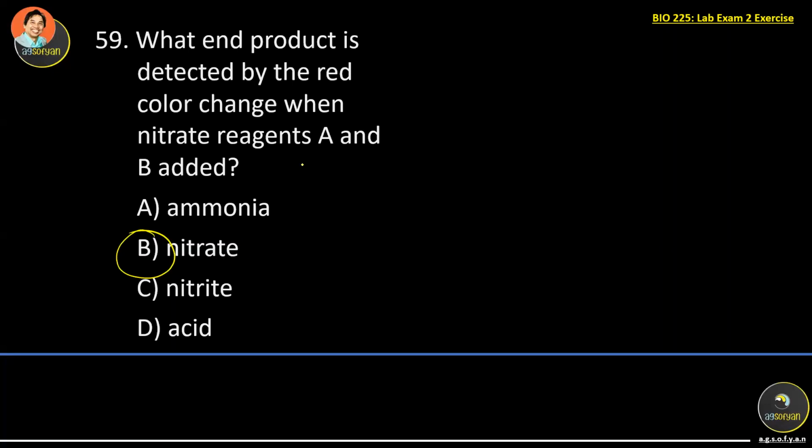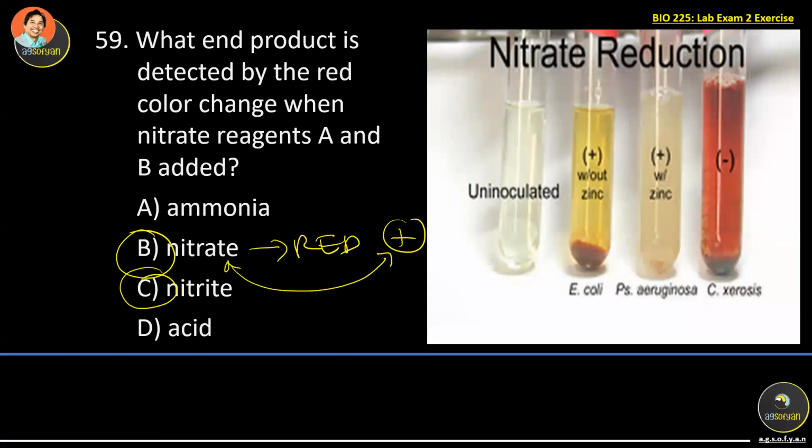If the color changes, red is positive for the nitrite. Nitrite is detected when A and B are added. So it means that the nitrite is present.